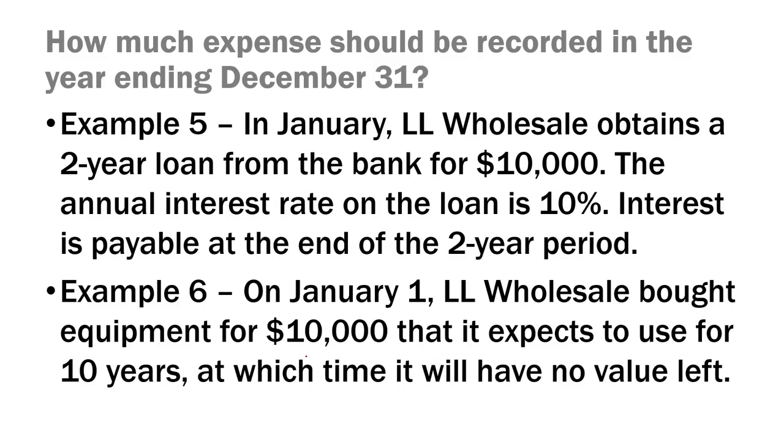And finally, LL Wholesale bought equipment for $10,000 that it expects to use for 10 years, and it doesn't expect it to have any value left at the end of 10 years. This is a cost that the company has incurred that will generate future economic benefit, so it's an asset, right?